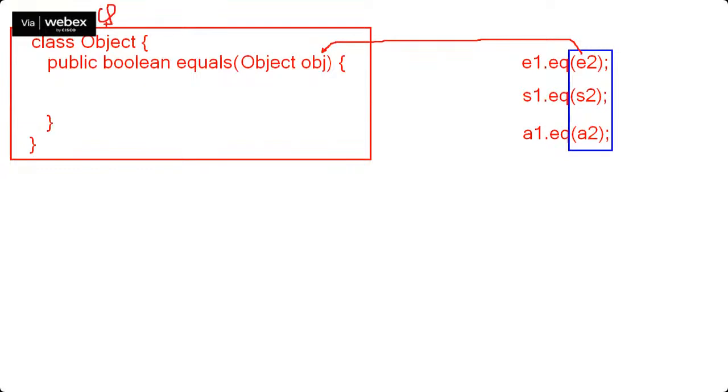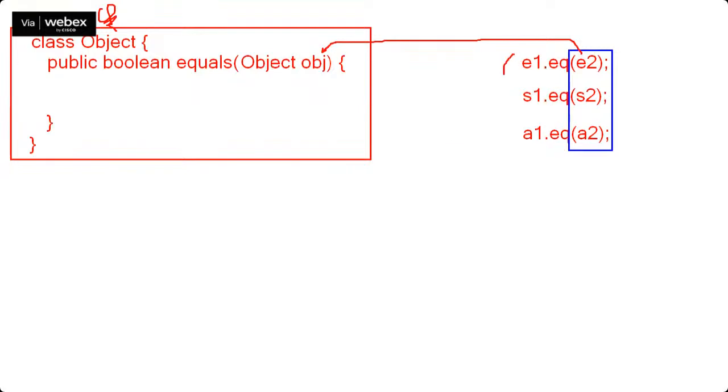The Object class developer has to write the logic for Example class, for Sample class, for A class. If we write the logic specific to Example, it will work only for Example. If you write logic specific to Sample, it will work only for Sample. Then here, should the logic be specific to one class or common to all classes? Common to all classes. What is the comparison common to all classes?